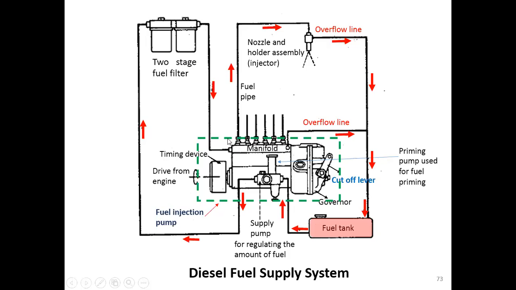So the fuel already has high pressure here, and from the manifold it will go to the fuel pipe and then to the nozzle and holder assembly, or the injector in short, where the fuel is injected. Okay, so now how can we control the amount of the fuel?